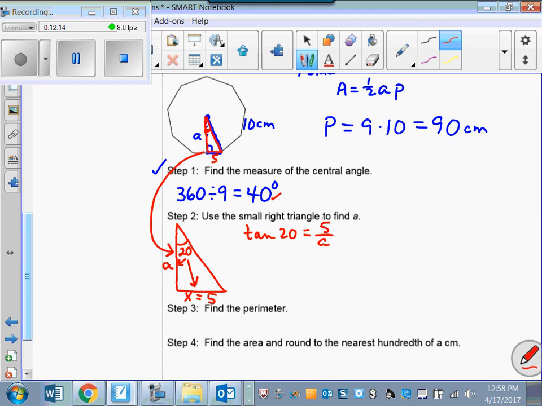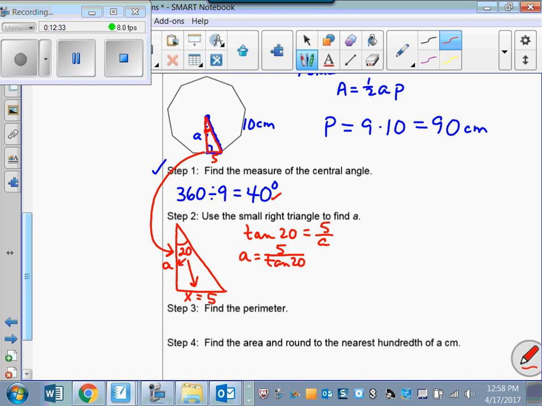Okay, so now if we cross multiply, we get the apothem times the tangent of 20 is 5, and then we divide both sides by the tangent of 20. So we end up with our apothem being 5 over the tangent of 20.